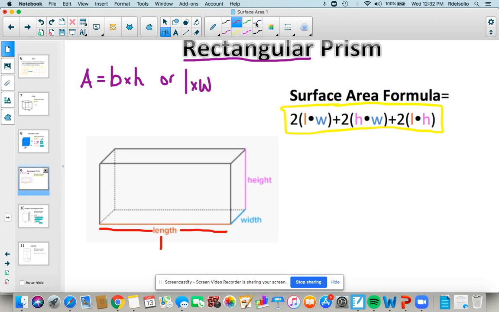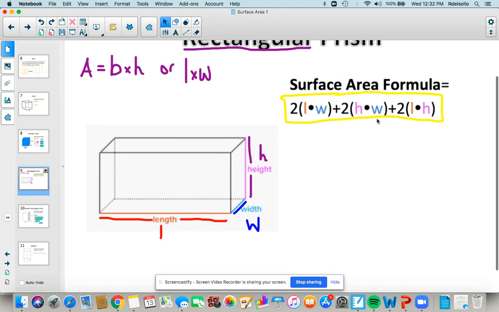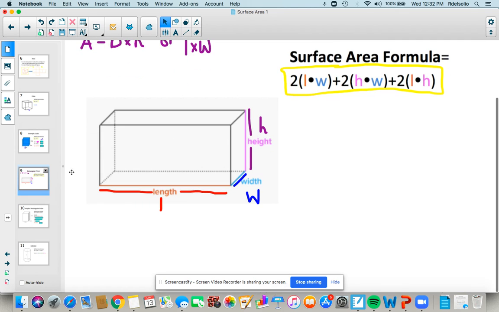Then we have the width. The width is how wide it is from front to back, and we're going to use W. And then height is how tall it is, the vertical line up and down, and we're going to use the letter H. So the formula for the surface area of a rectangular prism is 2 times length times width plus 2 times height times width plus 2 times length times height.